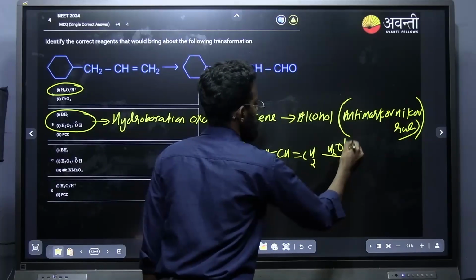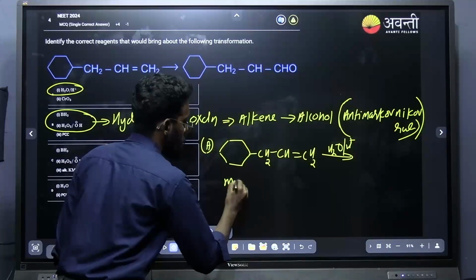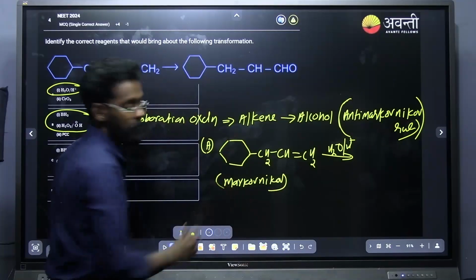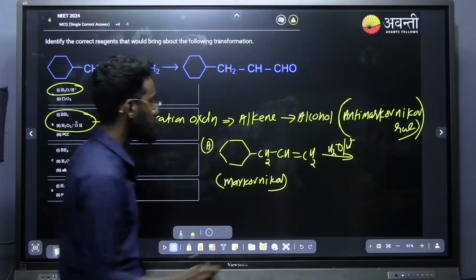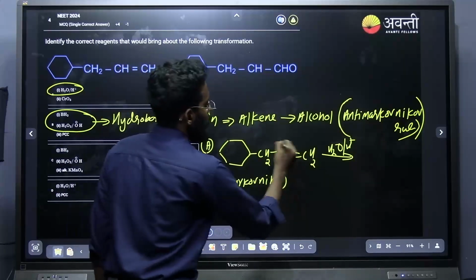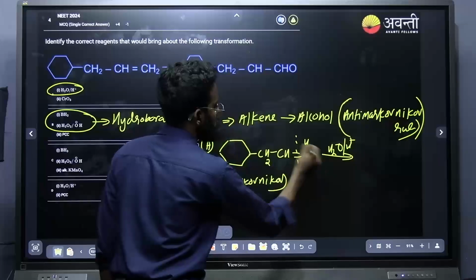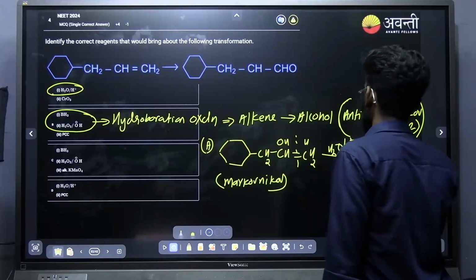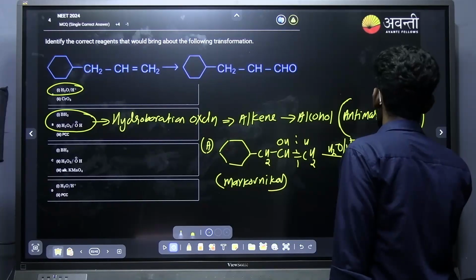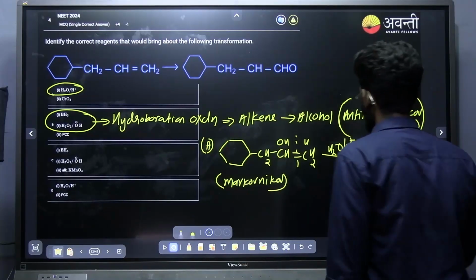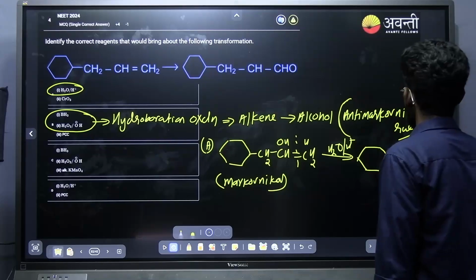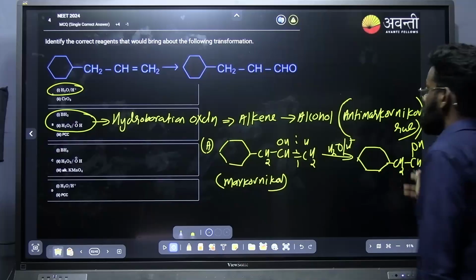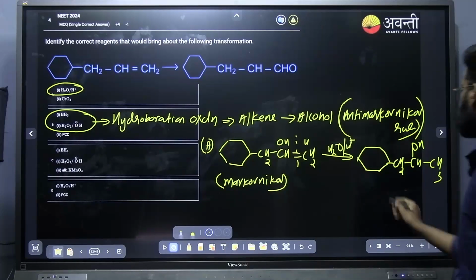Water addition will take place to the double bond by Markovnikov rule, right? Yes or no? Yes. According to Markovnikov rule, hydrogen will be adding to that carbon where there is more number of hydrogen, and OH will be adding to the other. As a result, what will you be getting here? CH2, CH, OH, CH3. I am getting a secondary alcohol.